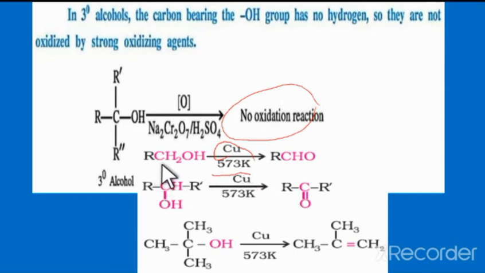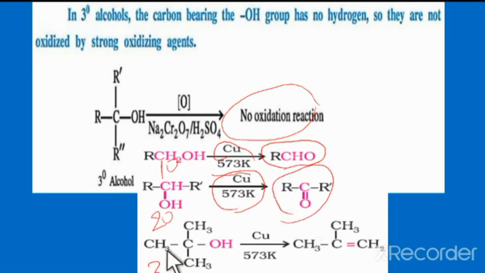Primary alcohols passed over copper at 573 Kelvin give aldehydes. Secondary alcohols give ketones. Tertiary alcohols treated with copper at 573 Kelvin give alkenes.